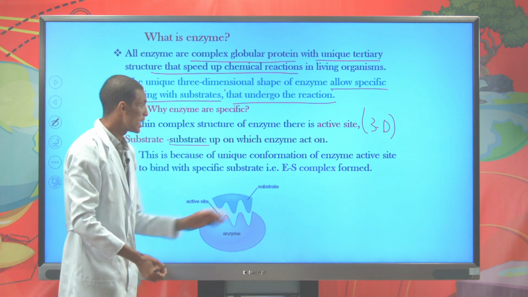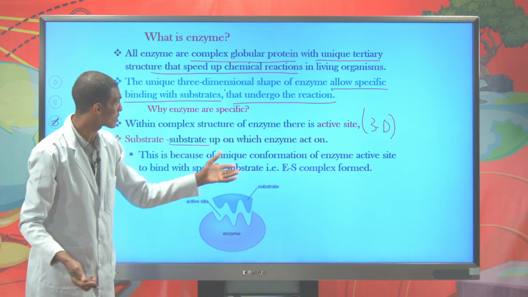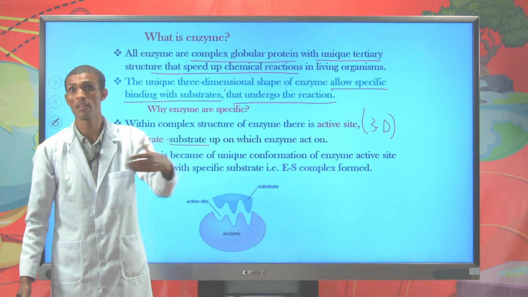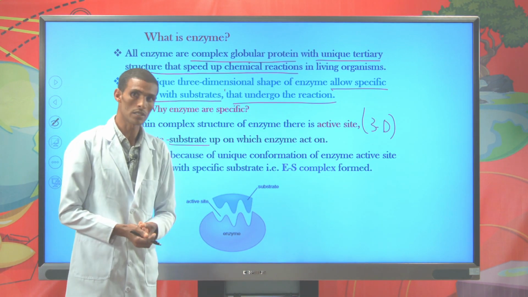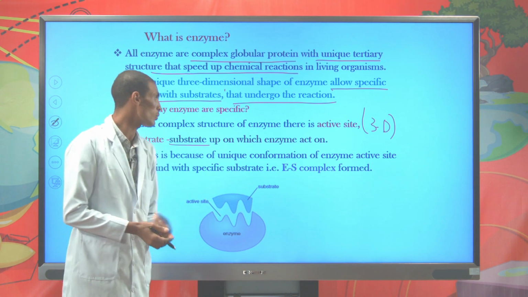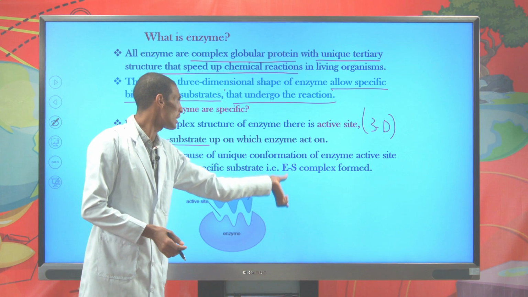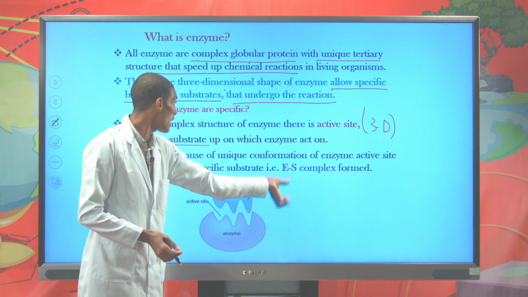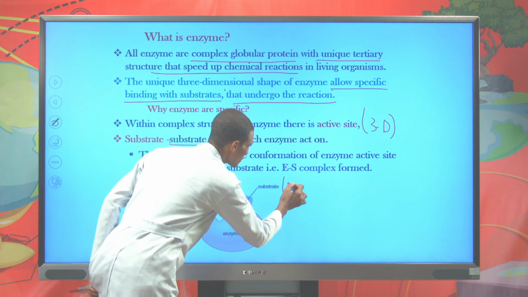For example, the enzyme that catalyzes the hydrolysis of sucrose into its respective monomers can only act on sucrose. No other enzyme can act on sucrose. Likewise, only the enzyme that catalyzes maltose can act on maltose. For example, let's say there is maltose.